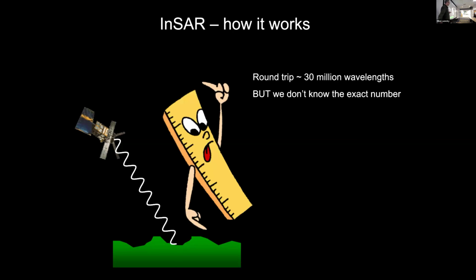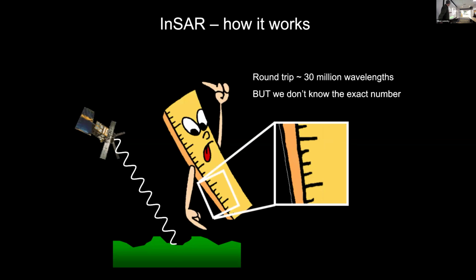It's a bit like having a giant ruler: we know something about the phase, whether we've got a peak or a trough, and we can measure that quite precisely, but we don't know the exact number.